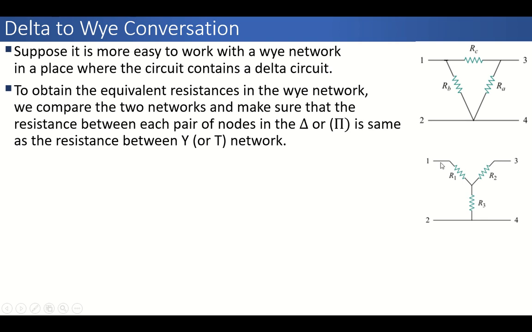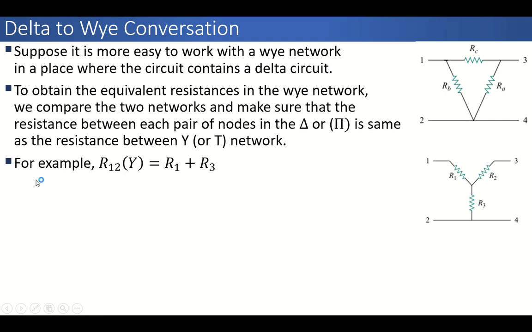Similarly, they are equivalent if the resistance between terminals 1 and 2 is the same as the resistance across terminals 1 and 2 in the Y network. Similarly, they are the same if the resistance between terminals 3 and 4 in the delta network is the same as the resistance between terminals 3 and 4 in the Y network.